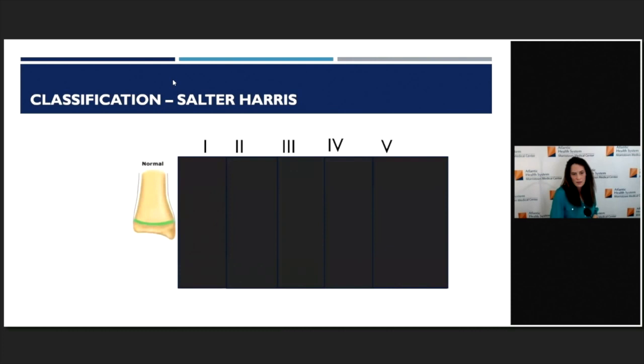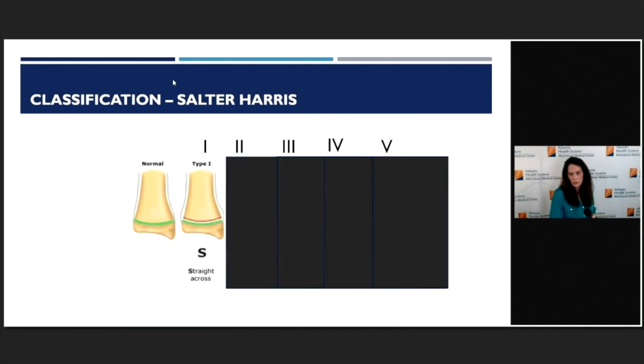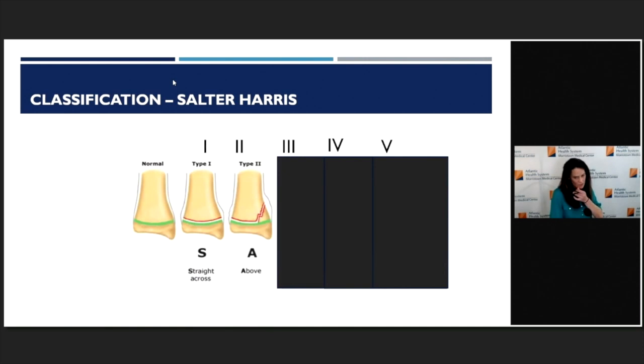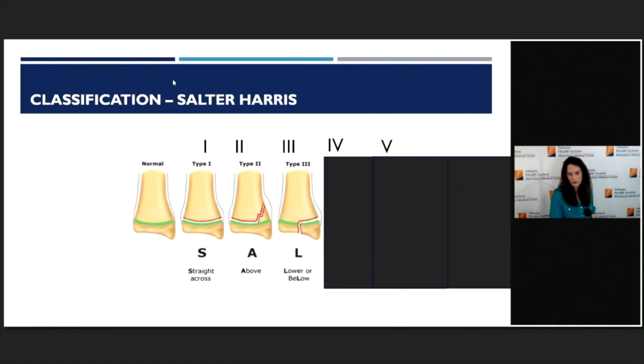When we classify these injuries, we all use the Salter-Harris classification, and there's a little bit of a mnemonic to go through with this. So type 1, the fracture goes straight across or shears the growth plate. Type 2, it goes through the growth plate and then propagates through the metaphysis, or above the growth plate.